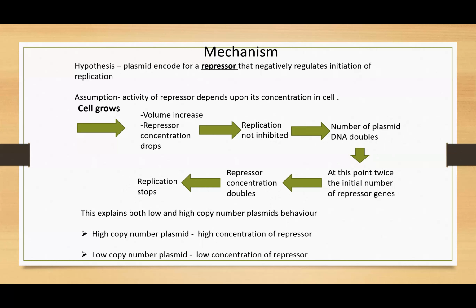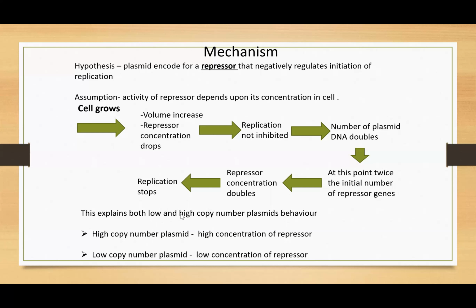Now, this explanation explains both high copy number plasmid behavior as well as low copy number plasmid behavior, in the sense that a high copy number plasmid will have a high concentration of repressor, and a low copy number plasmid will have a low concentration of repressor.